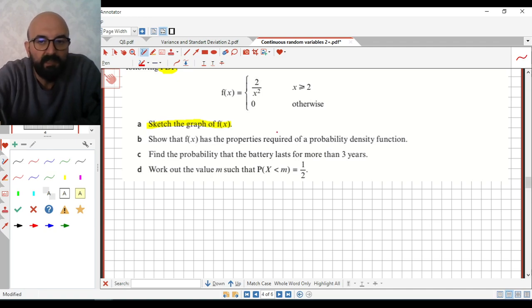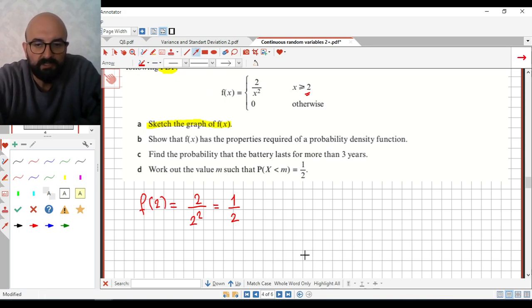we should find the values for the points on the graph. So we should find f(2), which is 2 over 2 squared, it means 1 over 2. And we should draw the graph with the y-axis and x-axis.